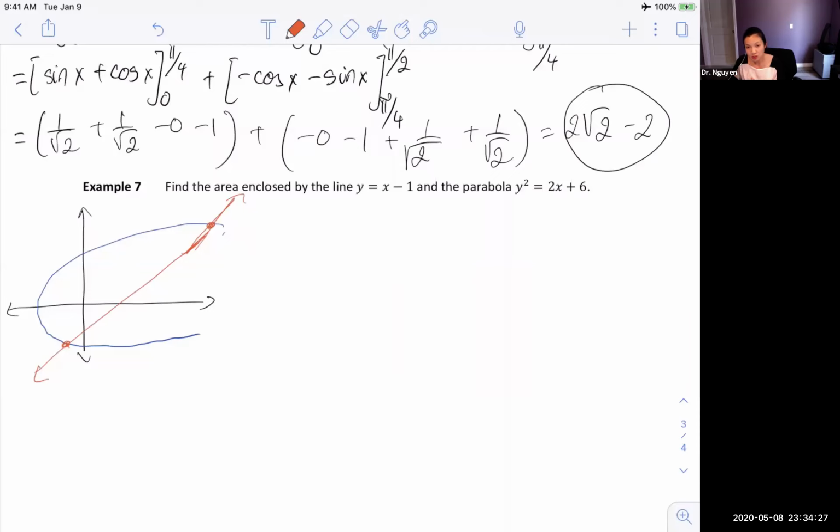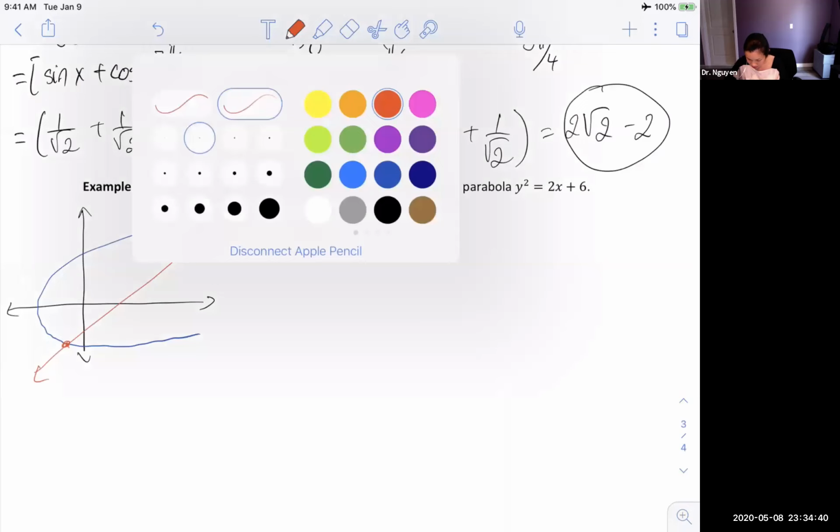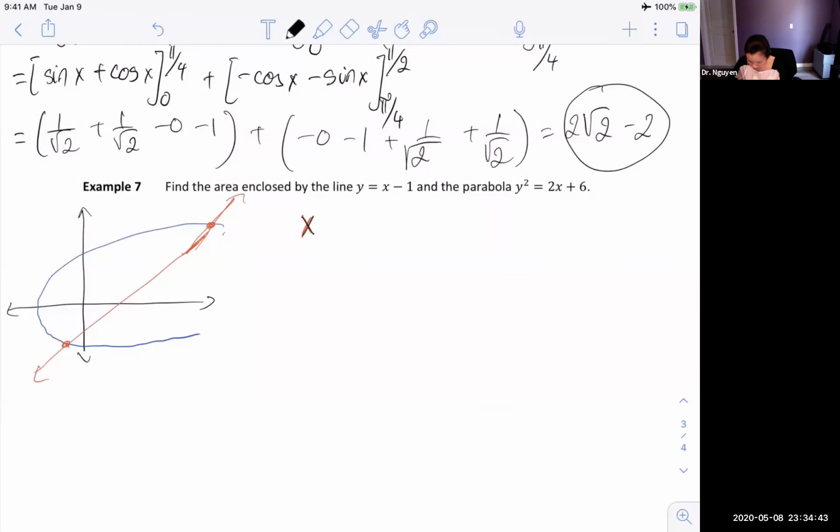So I'm going to set them equal to each other and solve it. So if I set them equal to each other, what I have right here is x minus 1, and then the other one I have is y squared equals 2x plus 6.